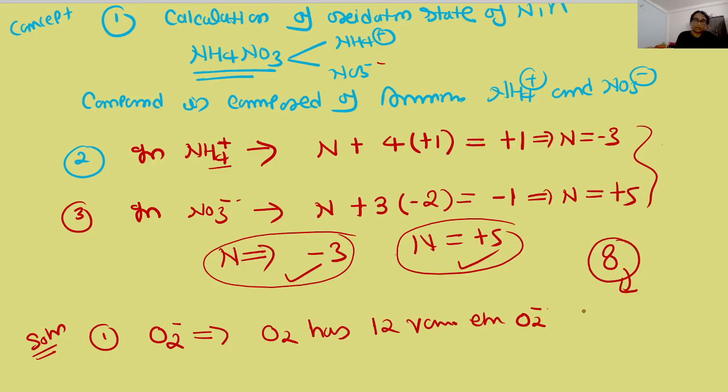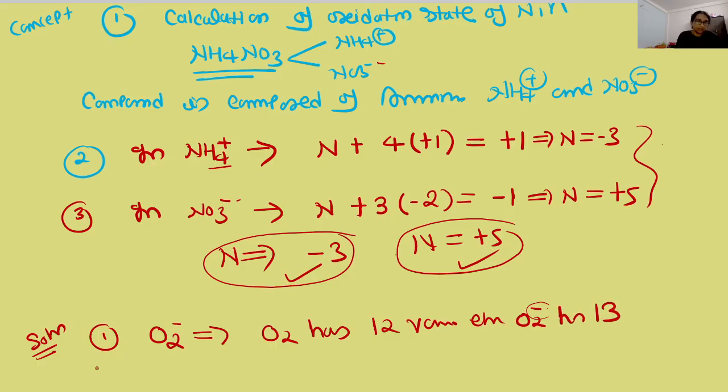How to write the electronic configuration? 1s2, then K, L shell 2 and 6. In the valence shell 6 electrons are present, but here the negative charge is present, so the electron count increases. The total number of electrons in O2 is 12, and in the superoxide the total number of electrons is 13.